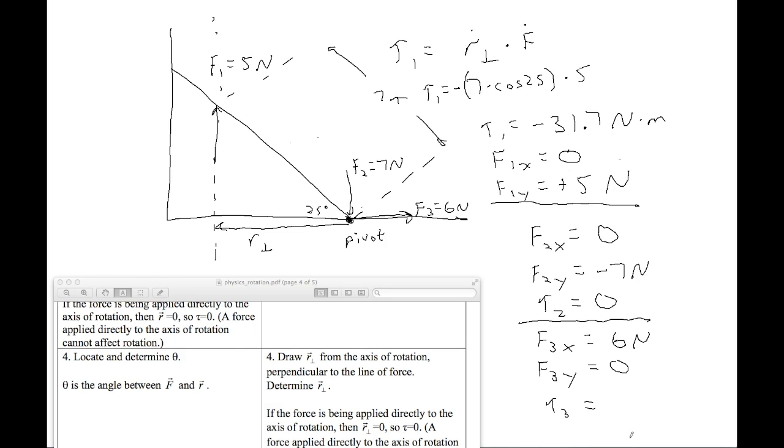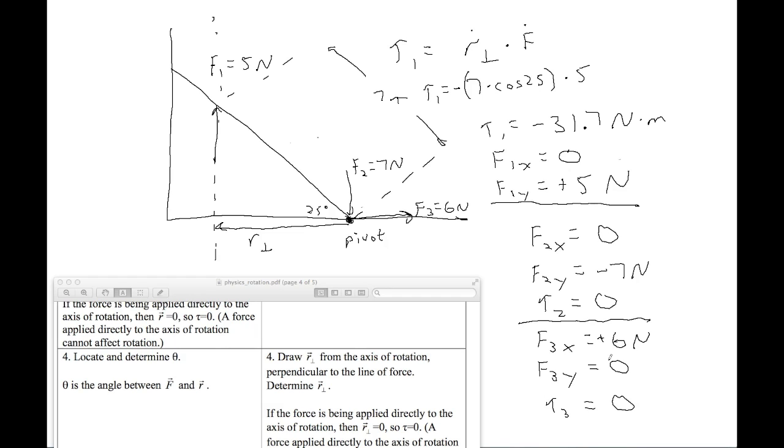And then the torque from F3 is also 0. Okay, that's good. The only problem is we want to get in the habit of always putting a sign in front of every number. So what should be the sign here? Okay, so the x component of force 3 is positive 6 newtons. And the reason you want to do that is that way it just reminds you to think about the sign. So if it turned out to be negative, at least we've thought about it, and we have a good chance to catch that.